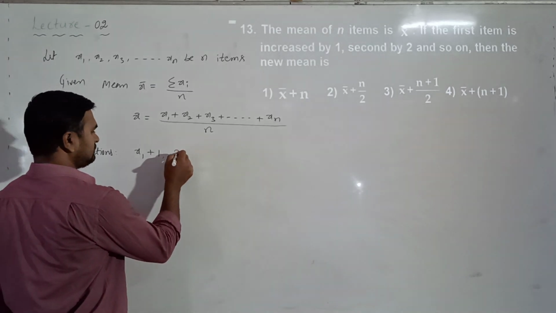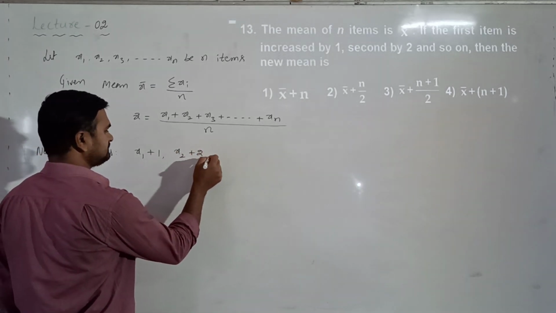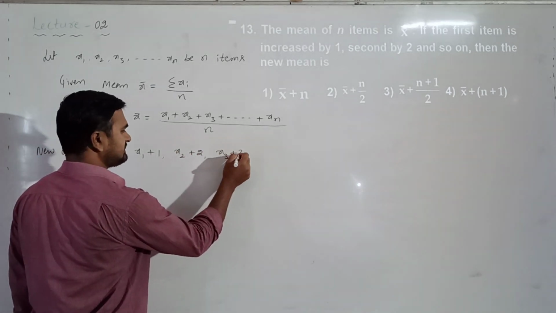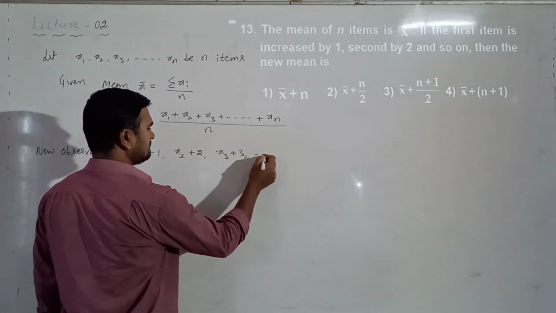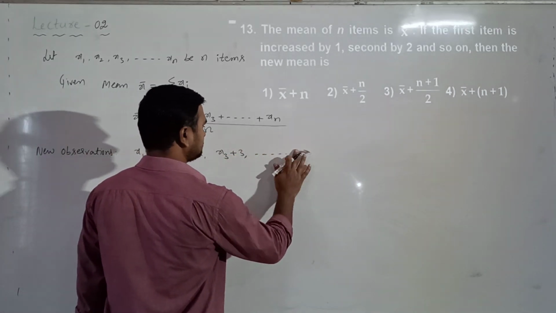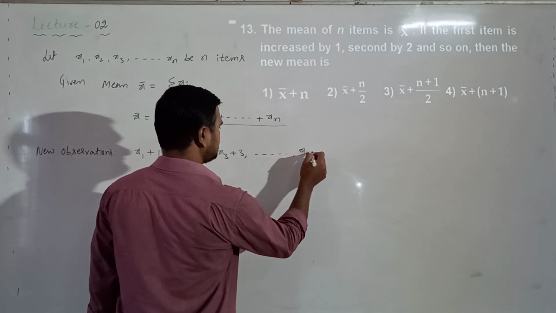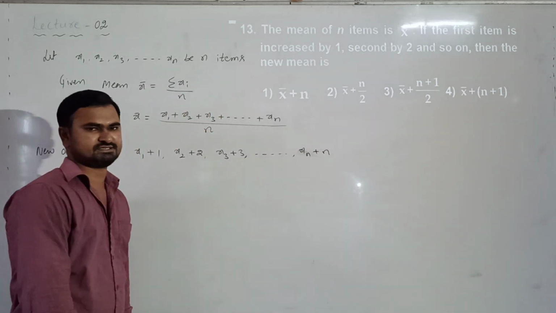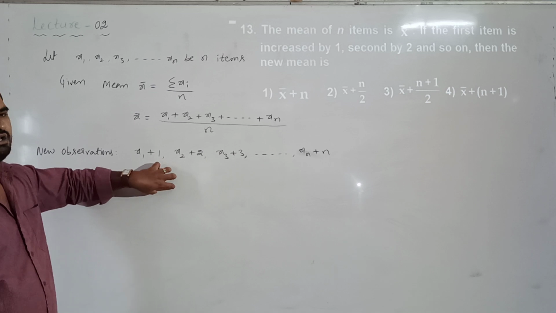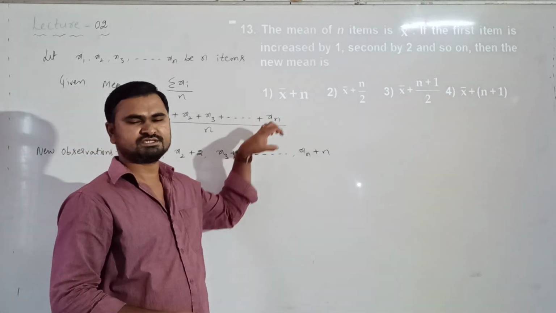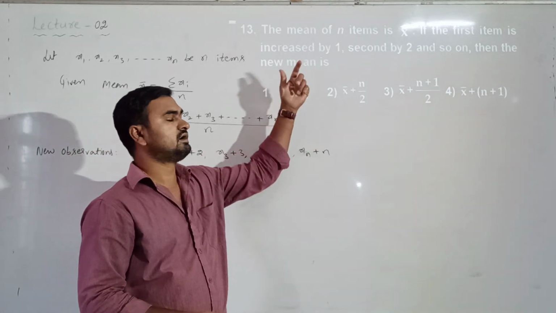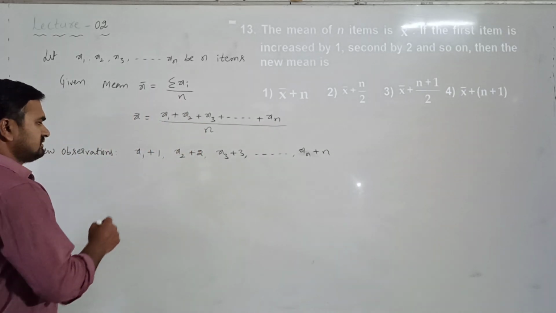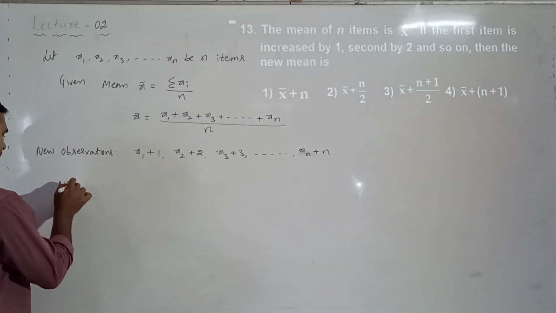Second item by 2, x2 plus 2. Third item is increased by 3, and so on, up to the nth item, xn, increased by n: xn plus n. So these are the new observations. Now for these new observations, we want to find the new mean.